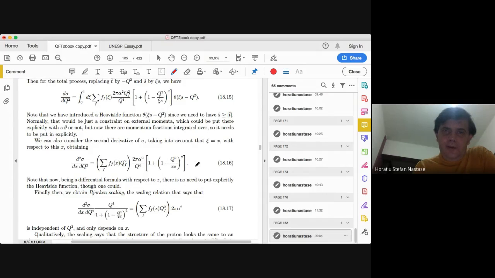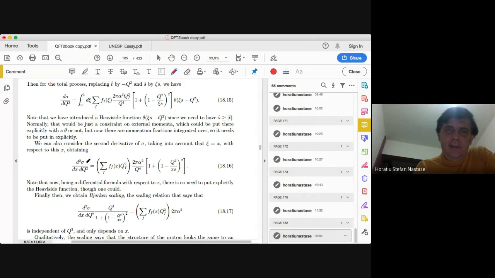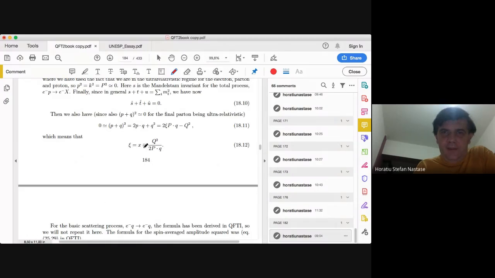Now, we could also take the second derivative of sigma with respect to x. Remember, x was defined as this thing. But then we have to remember that at the end of the day, we've derived that x is equal to xi.